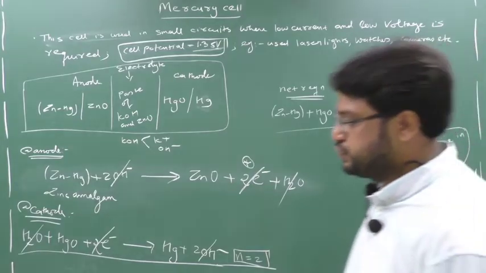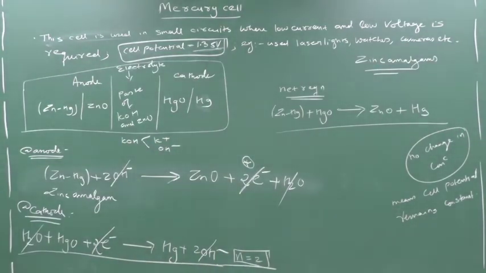Clear? Please note it down. The cell potential remains constant forever, for as long as the cell works; it will not change, it will remain from first to last 1.35 volt. Clear? I hope you have written it, take a screenshot.